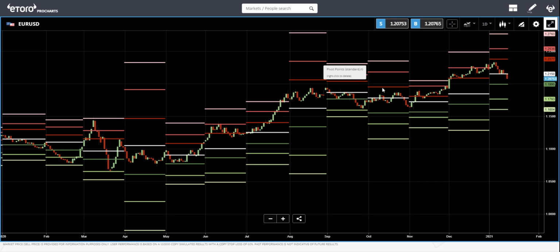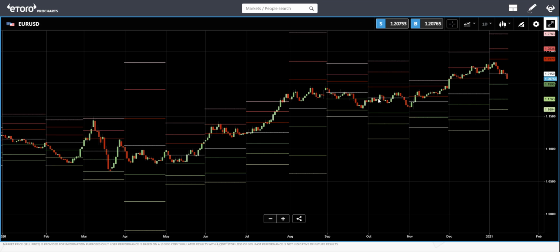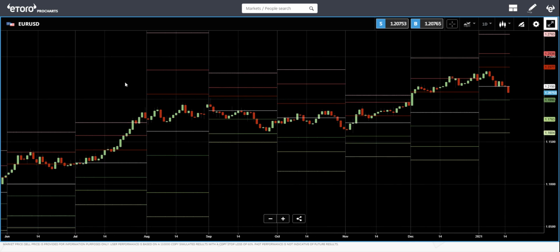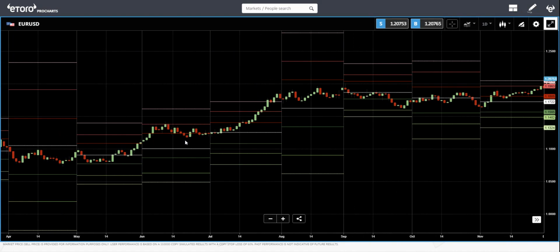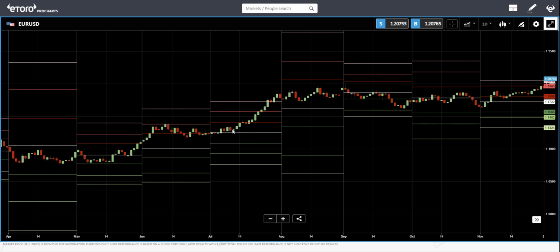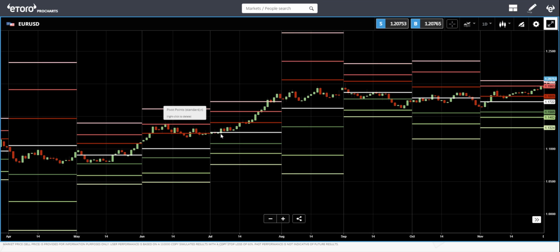So these levels help us see where the price could experience support or resistance. Let me explain that better, okay? Anytime we go above the pivot point, we can say we are in a bullish market. So if we are in a bullish market, like here, we are above the pivot point.